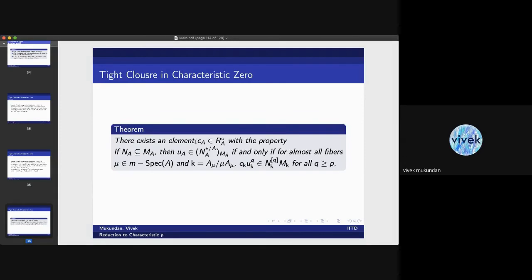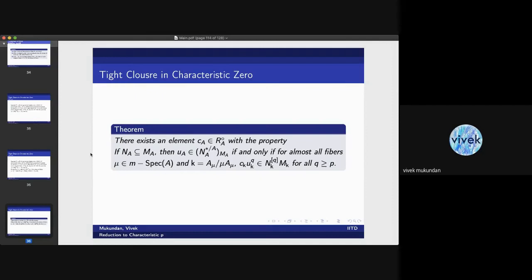So one advantage is you have one c_A which actually works when you go to almost all fibers. You don't really have to keep changing your test element. This is not easy, and it goes through the theory of something called a universal test element, but I'm going to jump over the whole section.